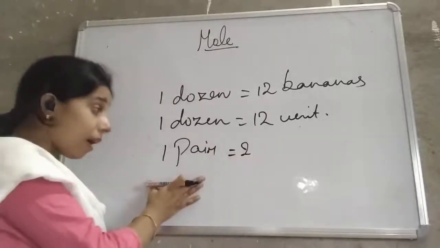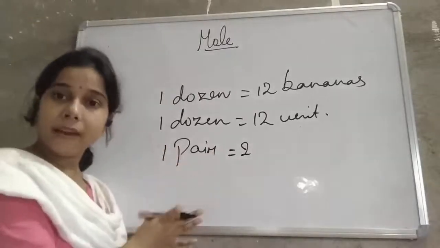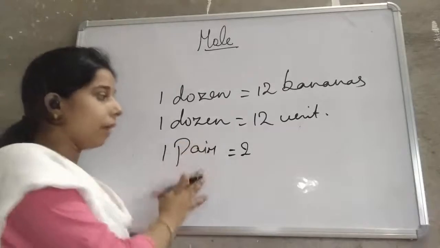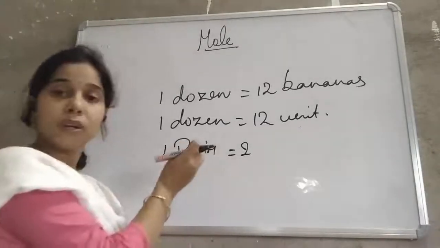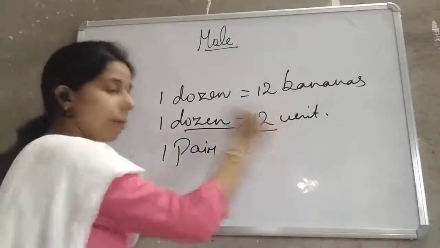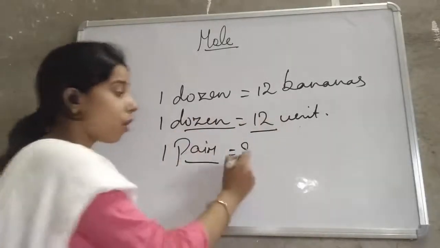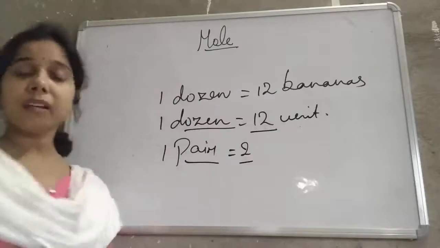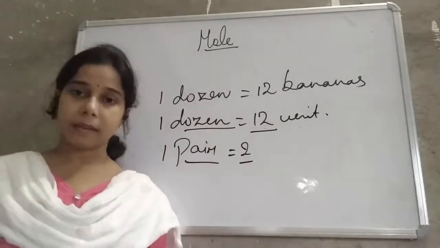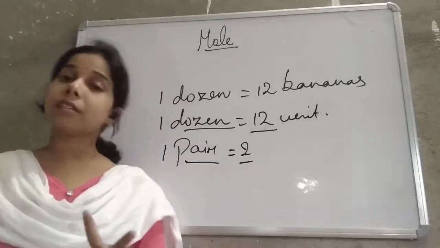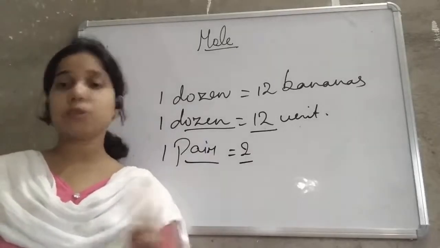Whenever the term pair is given, we simply understand that it is talking about 2, just as dozen is talking about 12. So it is fixed that if it is a dozen, it means 12 units, and if it is a pair, it means 2 units.